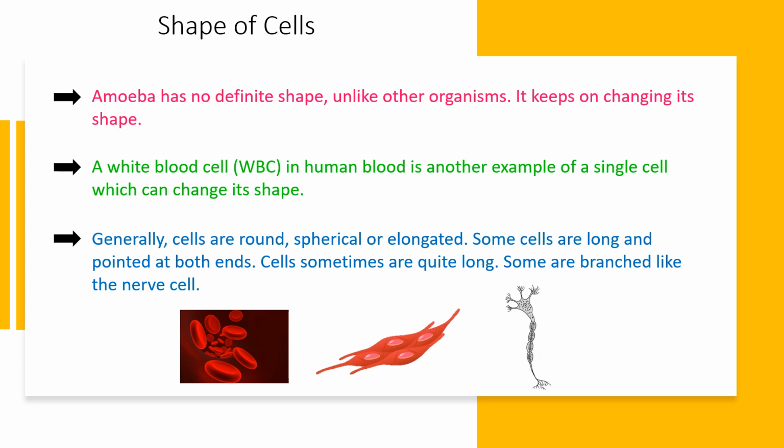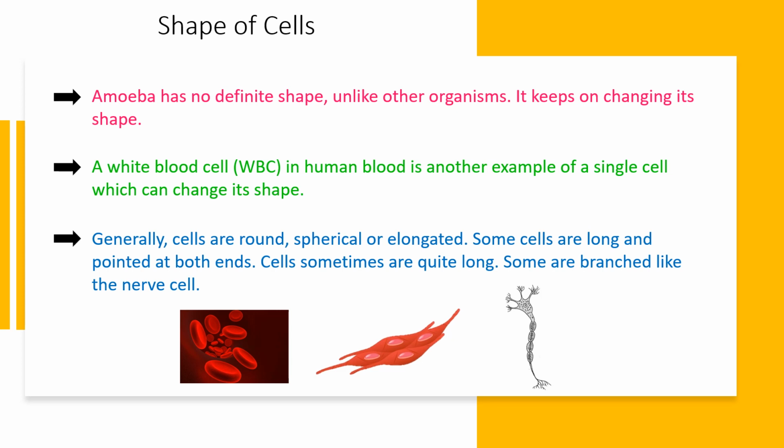Shape of cells. Amoeba has no definite shape unlike other organisms. It keeps on changing. Different cells carry out different functions and they also exist in different shapes.